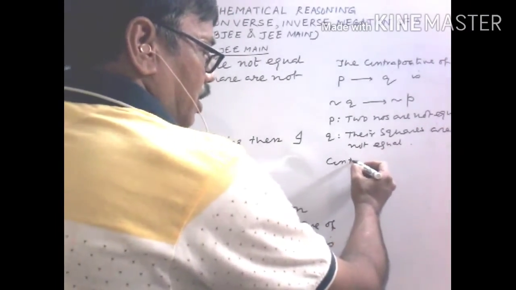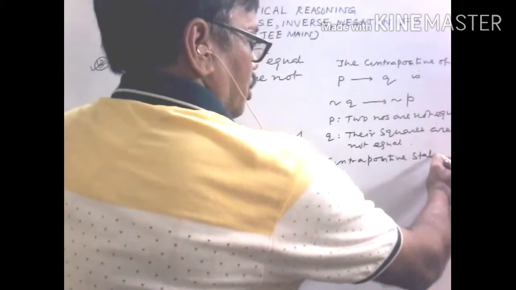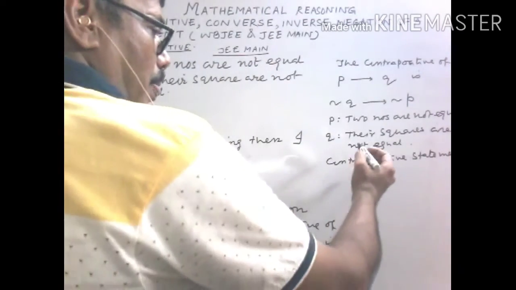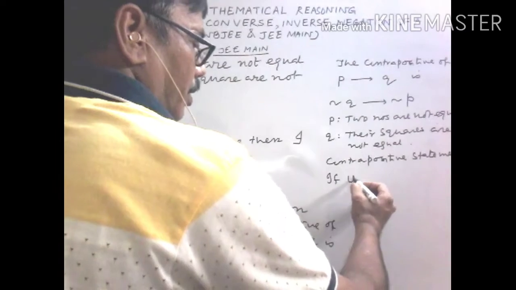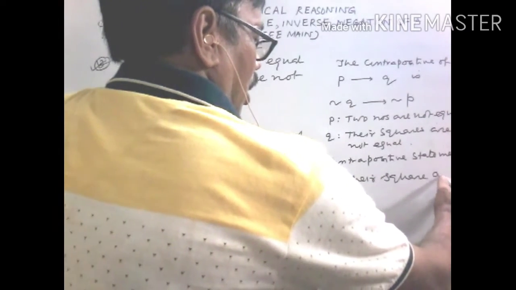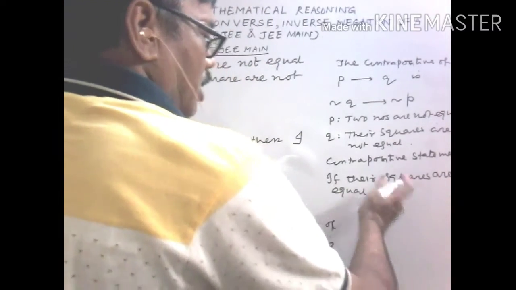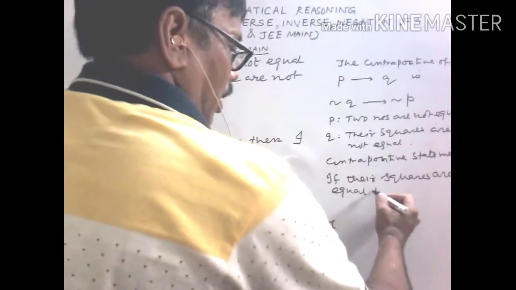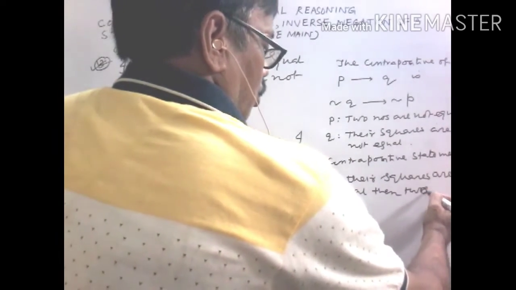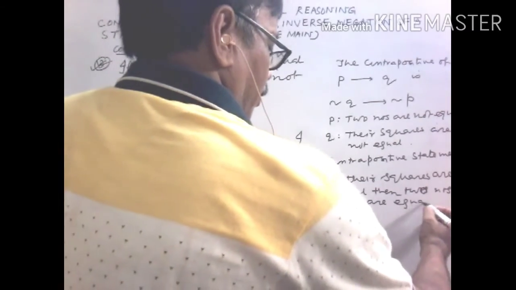So contrapositive statement is: if their squares are equal, negation of this, squares are equal, then negation of P, two numbers are equal.